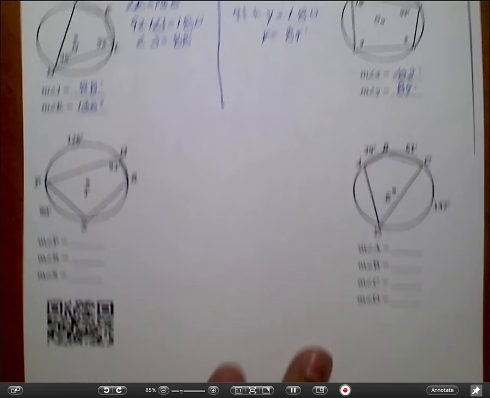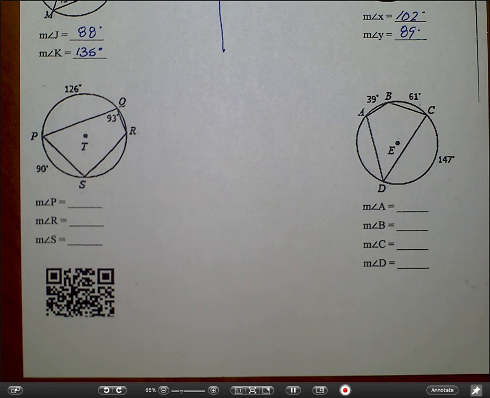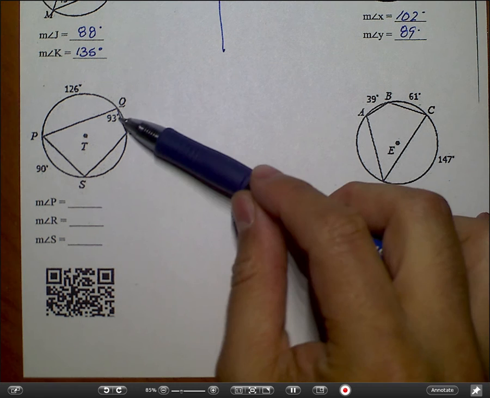All right, let's go down further. Okay, so this next one, we're going to actually use this information and some previous information to figure these out. First, we have one on the inside.